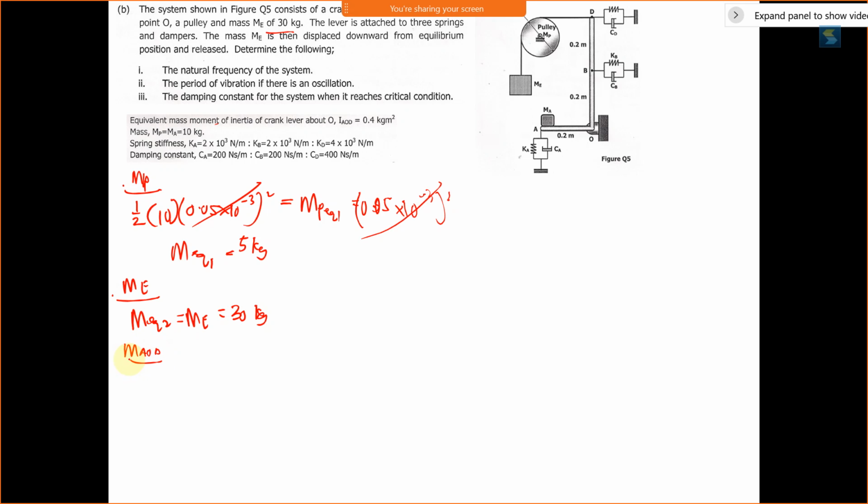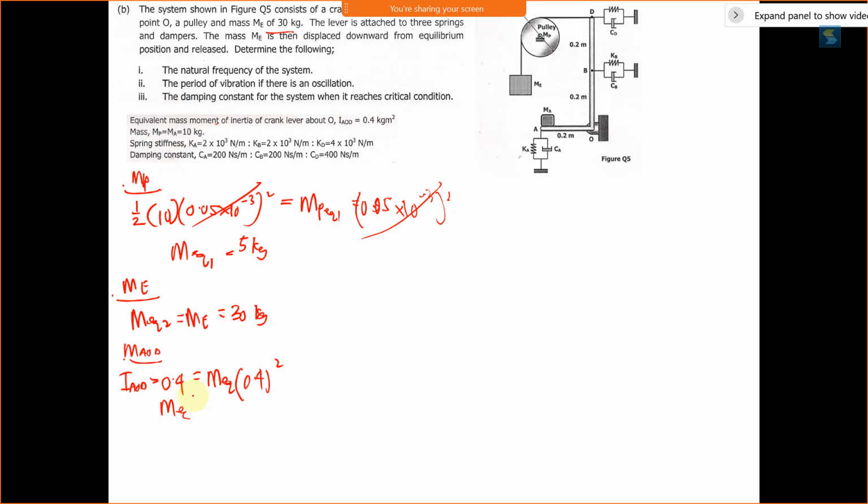MAOD. Okay. So we are given IOD, meaning IAOD equals 0.4, mass equals M equivalent times 0.4 squared.